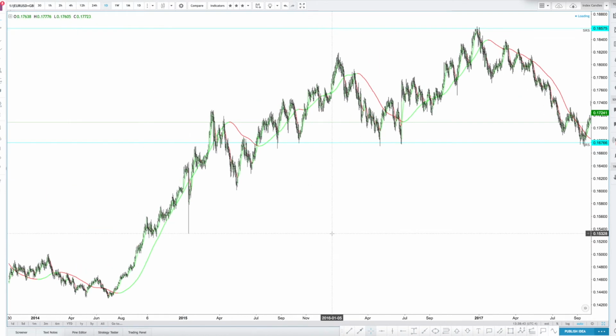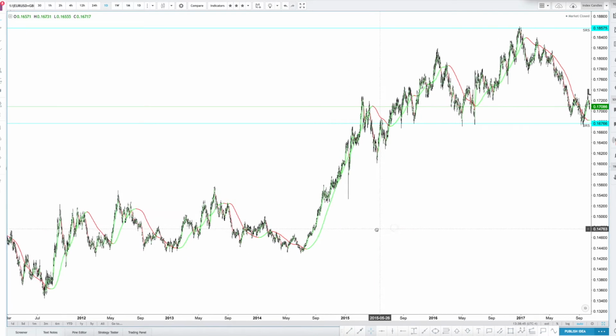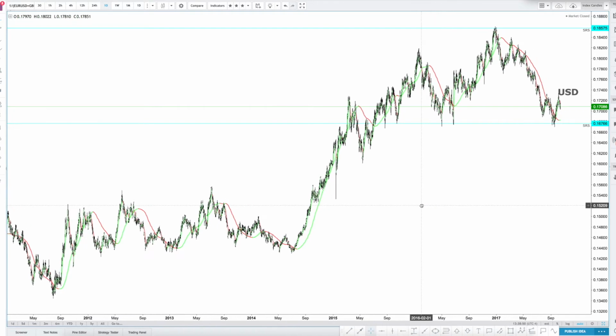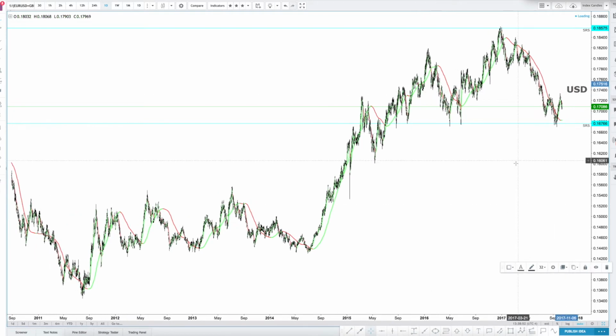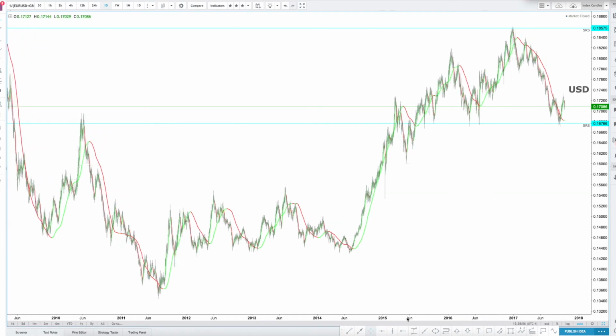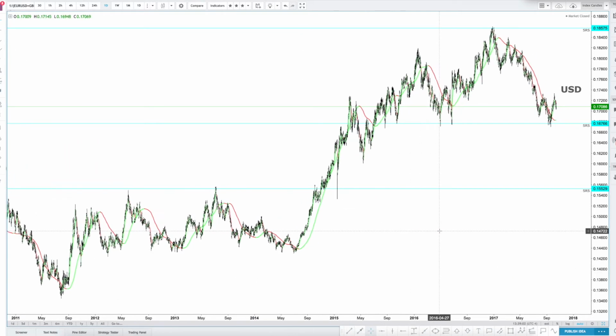Looking at the big picture, let's get a couple of years in here. I should probably draw a couple more support resistance lines. Got a couple of these.